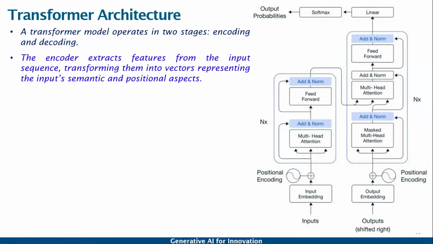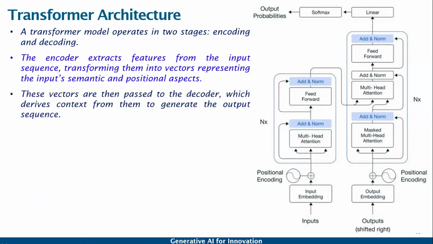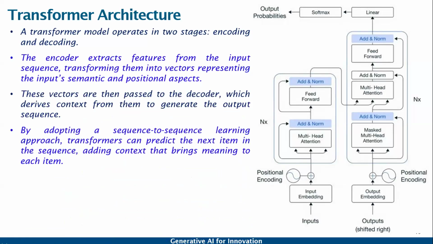Those vectors represent the input semantics and, at the same time, position aspects. These vectors are then passed to the decoder, which derives context from them to generate the output. By adopting a sequence-to-sequence learning approach, the transformer can predict the next item in the sequence.